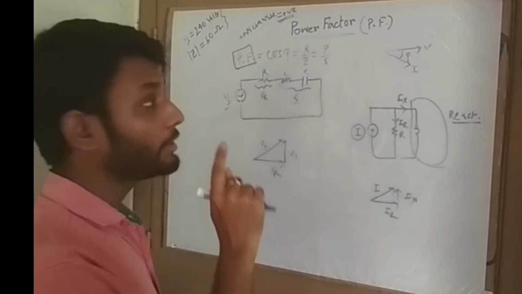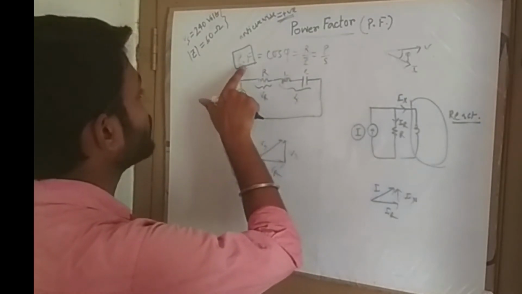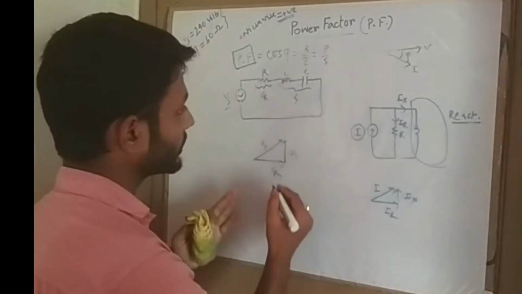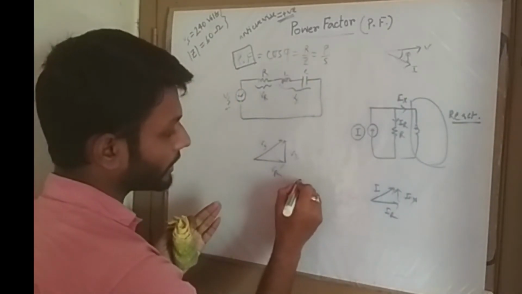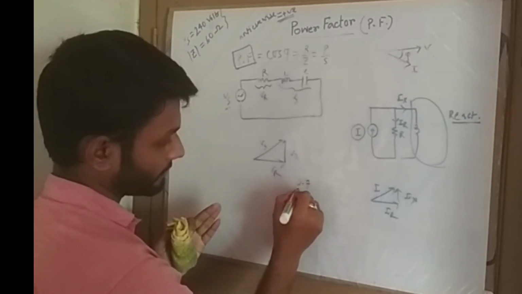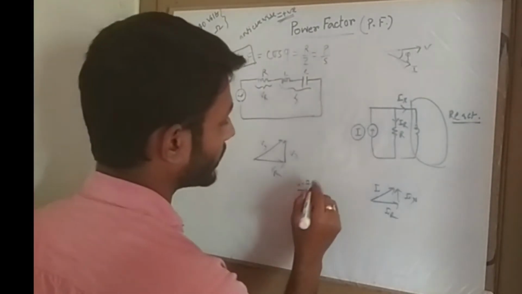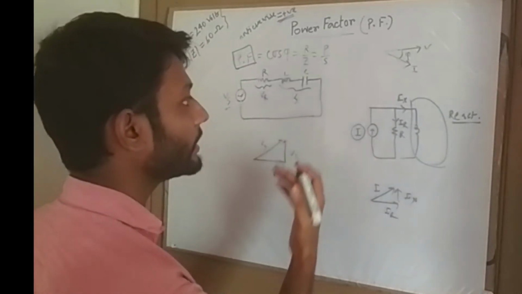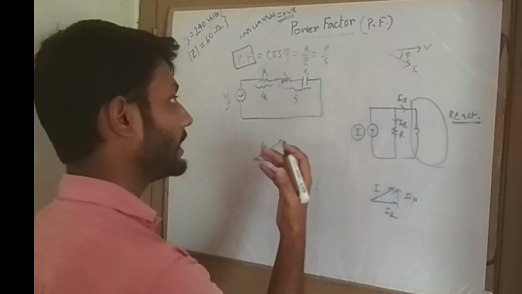And one point which is very important, when we find out the power factor, then we have to specify, suppose Vr by Vs when we are doing, we are getting 0.7. We have to mention here whether the circuit is inductive or capacitive in nature.